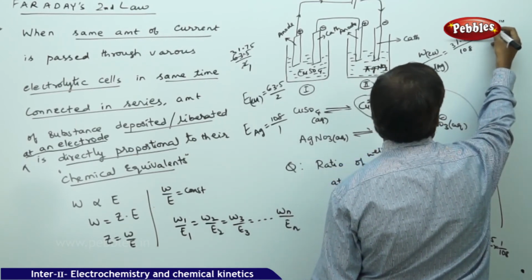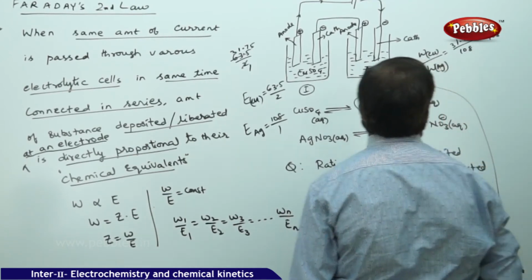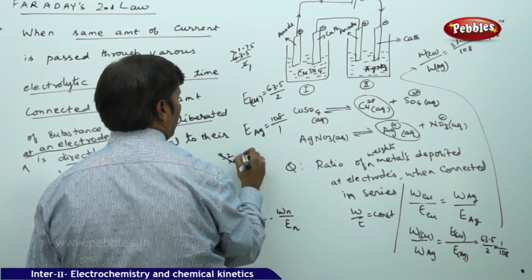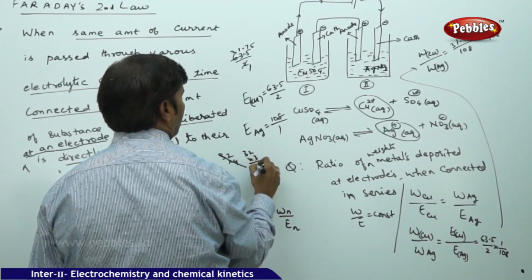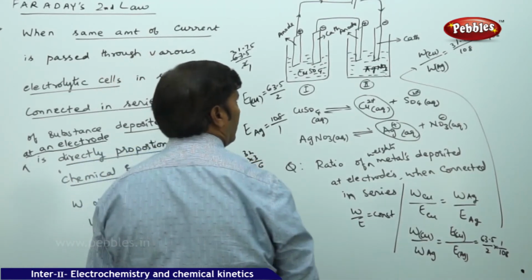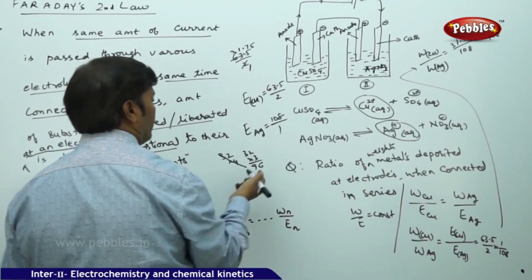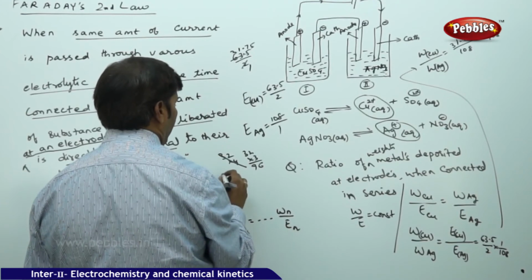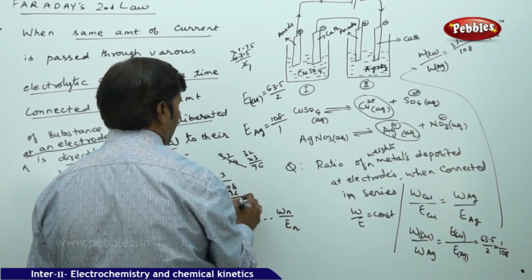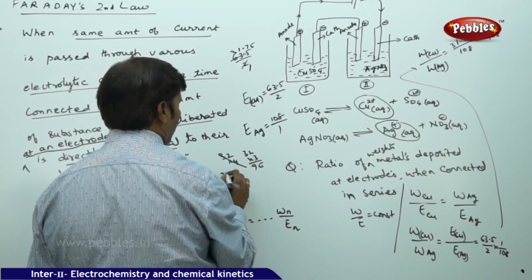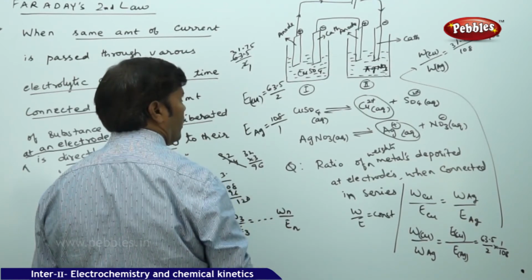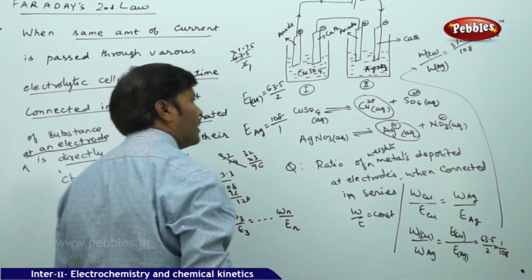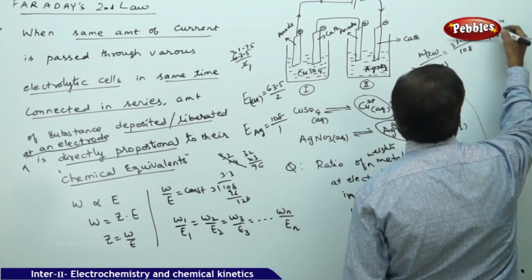Nearly, I will take this as 32 by 108. 108 is almost 3 times 32 is 96, so roughly I'll take it as 3.